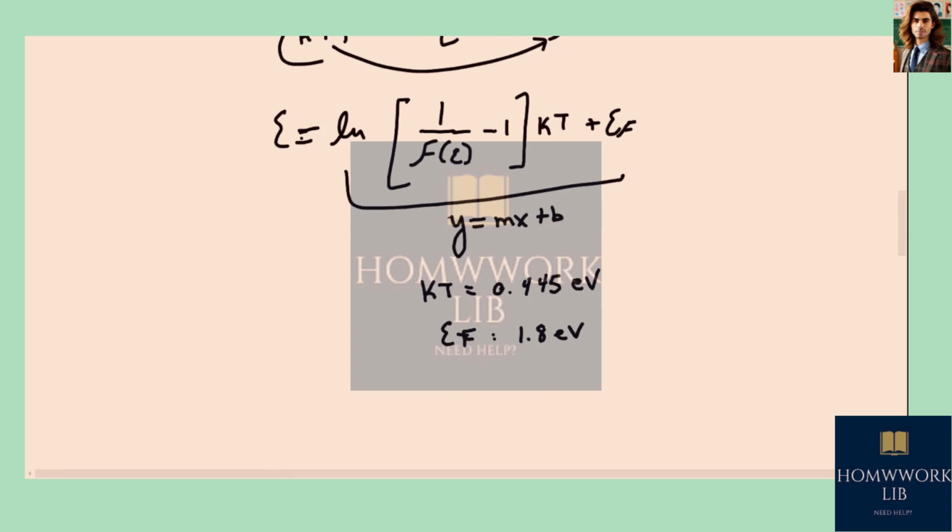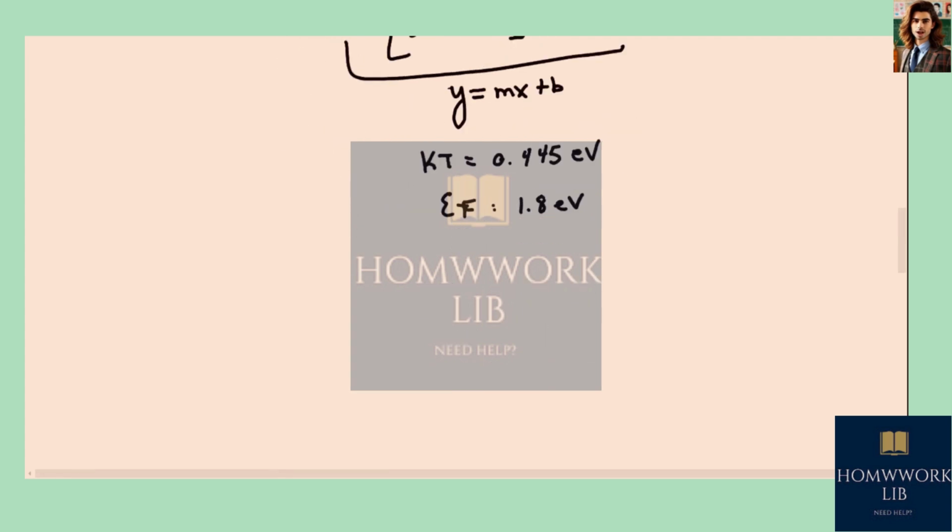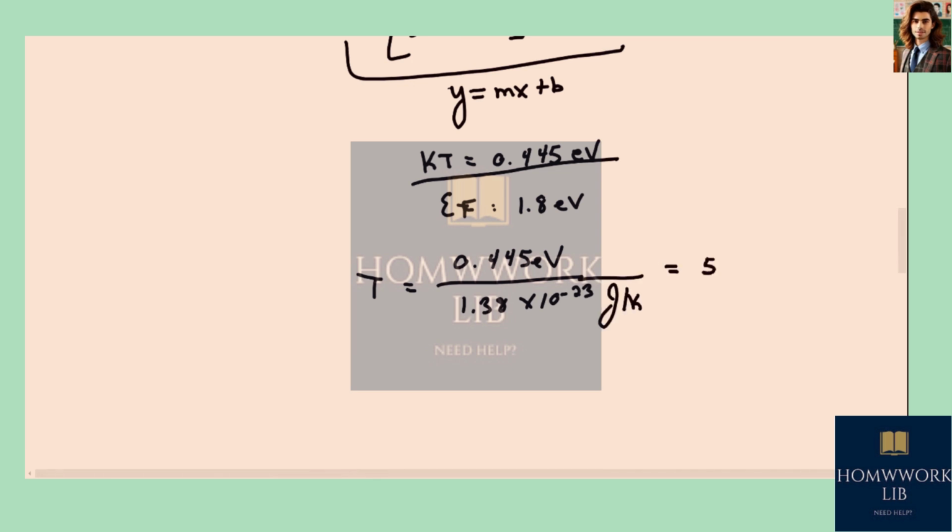So we're going to take this and do T equals 0.445 eV divided by your K, and your K is going to be 1.38 times 10 to the negative 23 J/K, and it's going to be 5159 K.